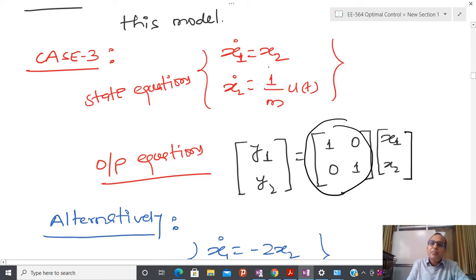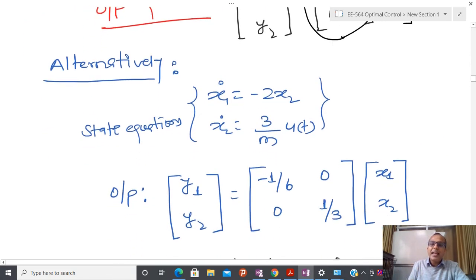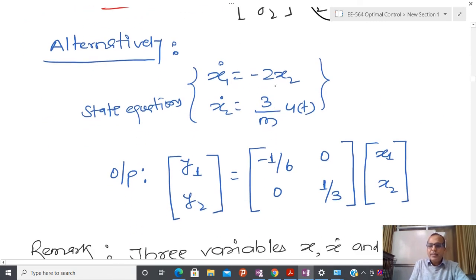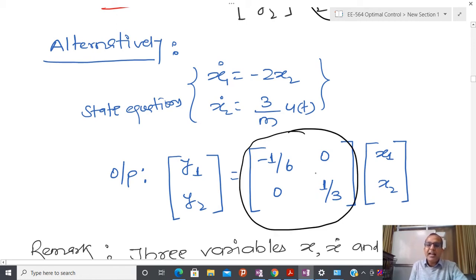You have to select position as well as velocity. Alternatively, if I select another state space representation, correspondingly my output is represented like this. By manipulation, please check why this comes into the picture.